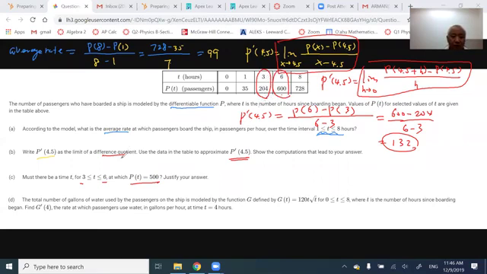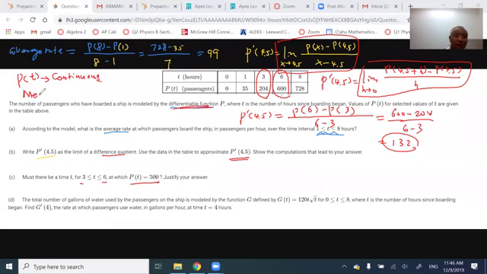Also, be careful, this P(T) function is what? Differentiable. If it's differentiable, it's guaranteed to be what? Continuous. So we're going to use what?